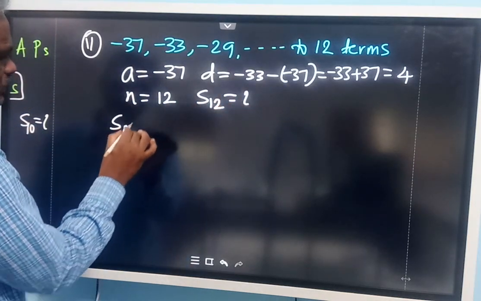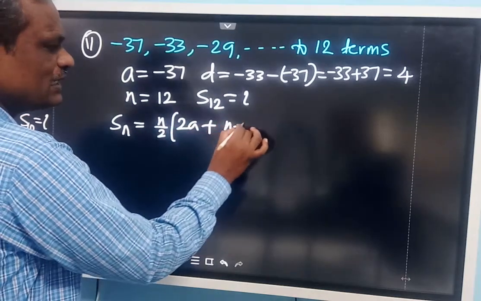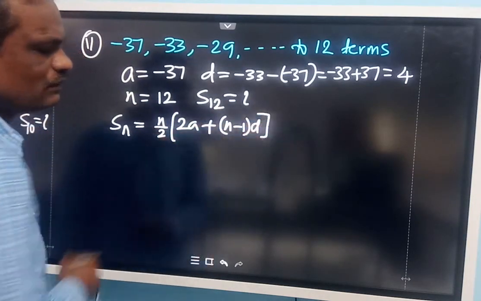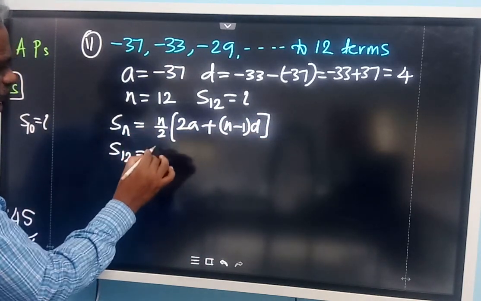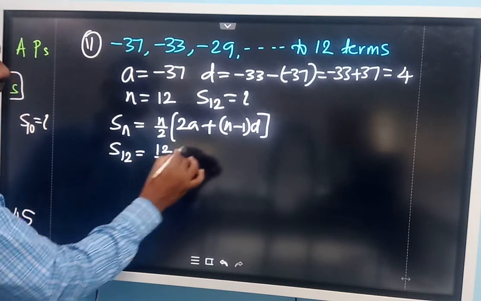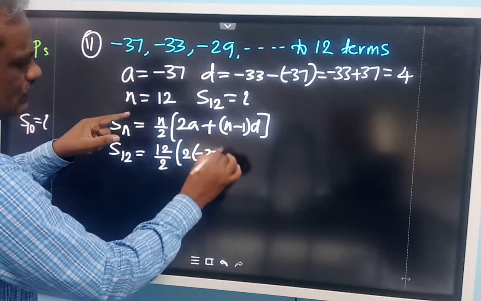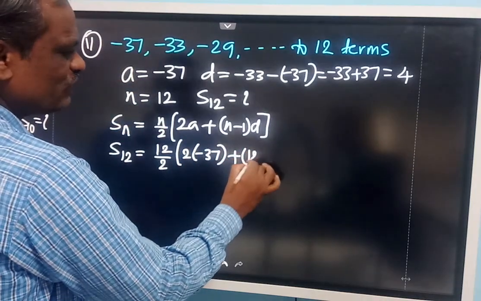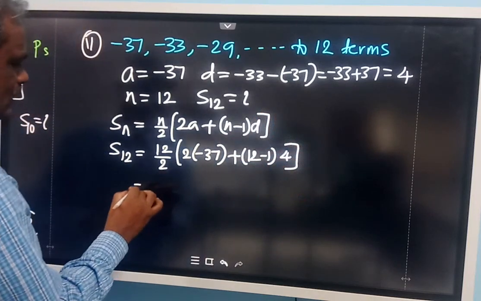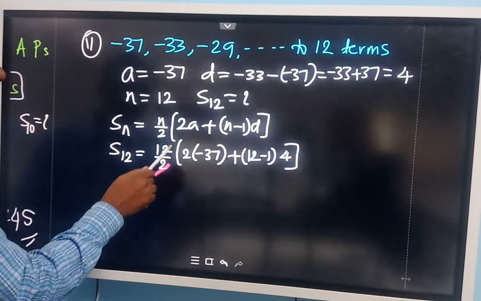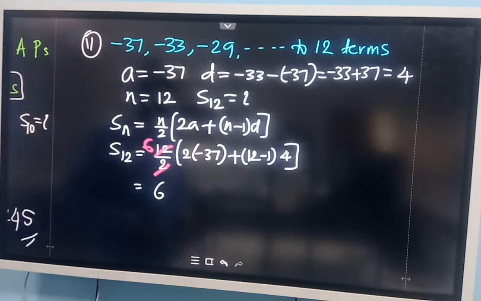So Sn is equal to n by 2 into 2a plus n minus 1 into d. This is the sum of n terms formula. We need to calculate S12. So in place of n, let us write 12. 12 by 2 into 2 into minus 37 plus 12 minus 1 into d, common difference is 4. Simplify this: 12 by 2 is 6.